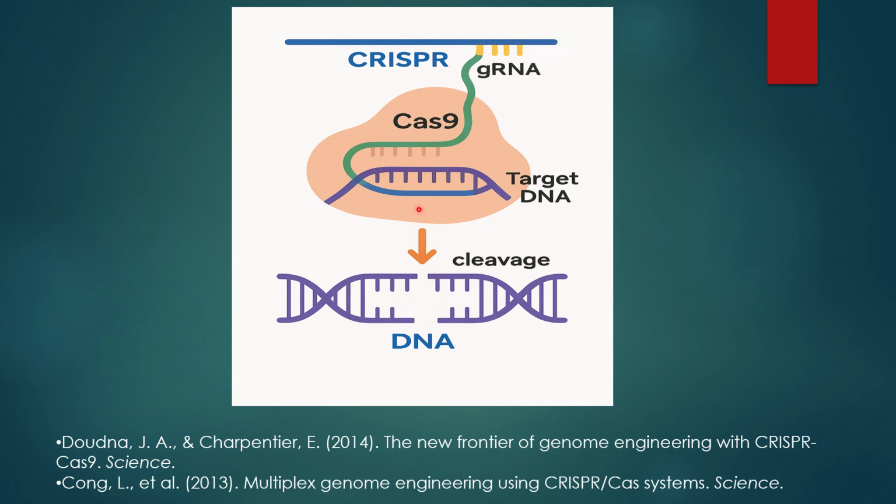Now how is it to be repaired? There are two ways to repair. One is the non-homologous way. This non-homologous end joining mechanism will repair, but this may cause mutation, which could disrupt a gene. Another way is that the break is fixed by filling the gaps with a sequence of nucleotides.